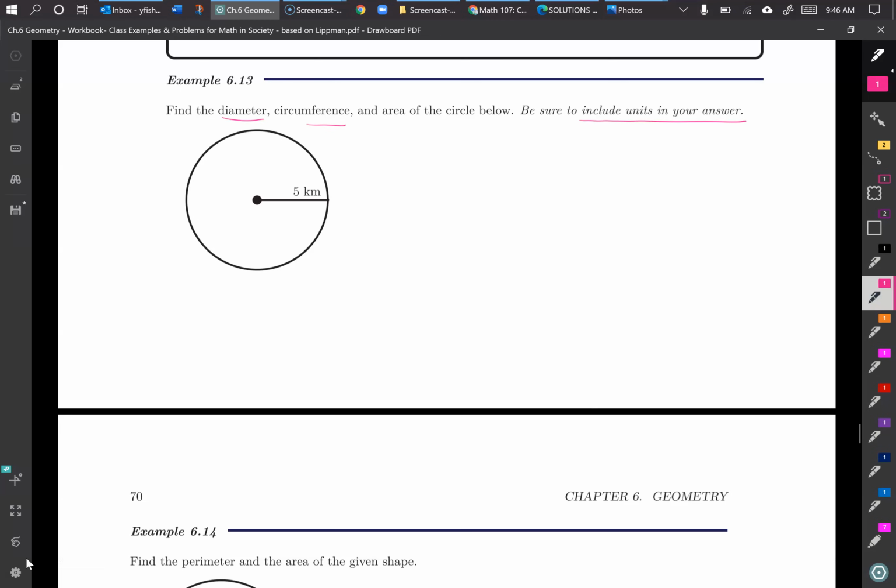So we know that halfway across the circle is the radius. That's 5 kilometers. So the diameter would be twice that. So that's going to be 10 kilometers. And we're going to look at circumference. We can do 2 pi r, or since we already found the diameter, we could have done just d pi.